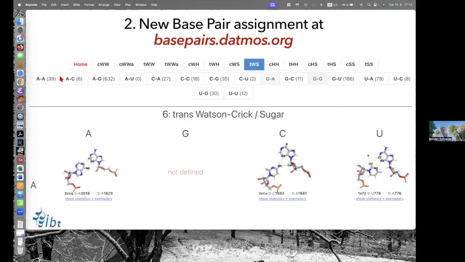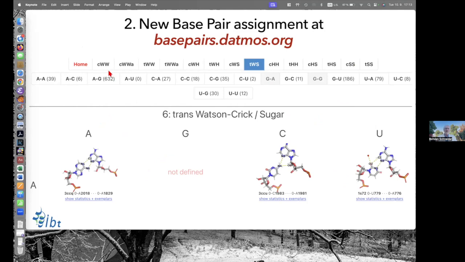We have a website that is under development, basepairs.mos.org, that gives you a very quick overview of the assignments based on this Watson-Crick schema.